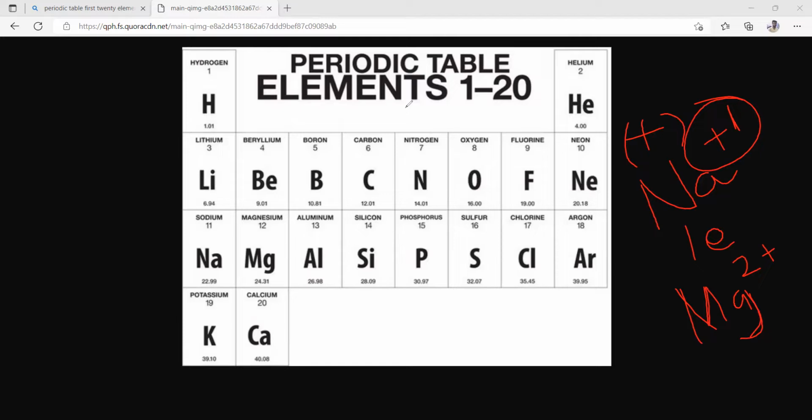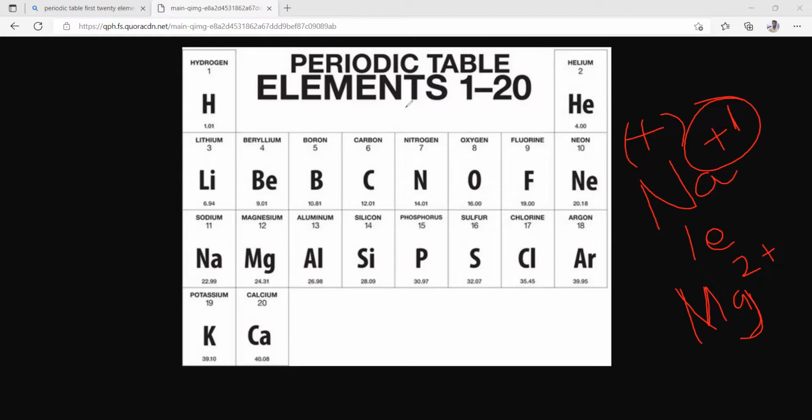Plus means lost electrons. Plus 1 means lost 1 electron. Plus 2 means lost 2 electrons. Plus 3 means lost 3 electrons. Is that clear? Then magnesium lost 2 electrons.